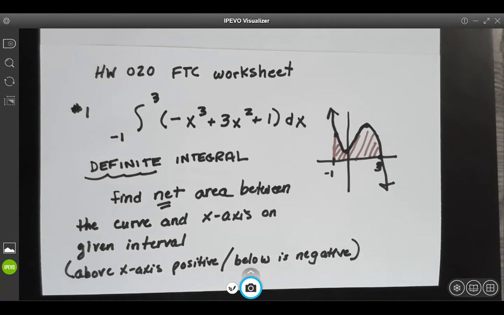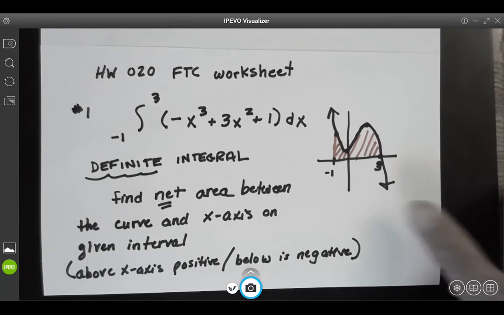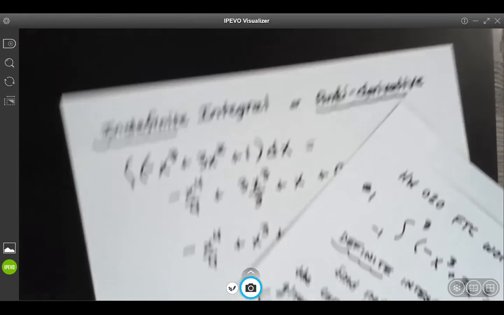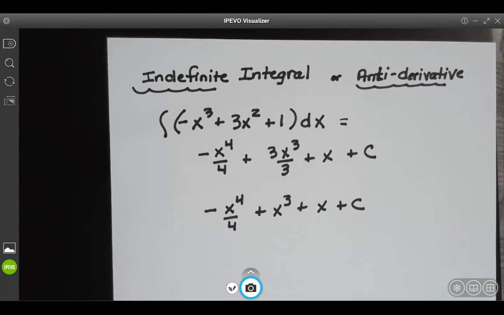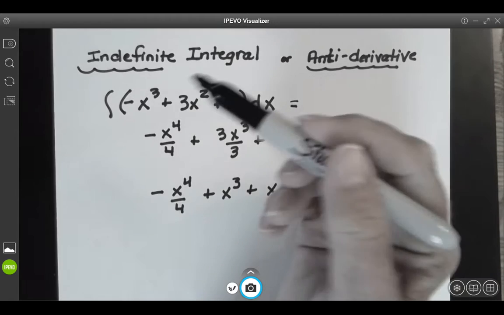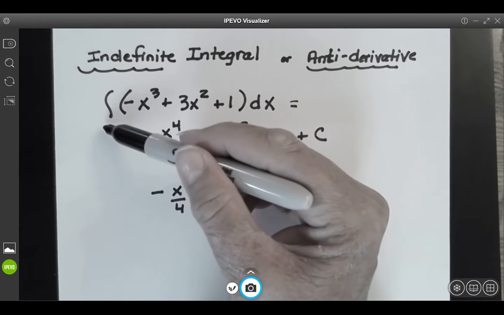And before we go on, I want to review the difference between a definite integral and an indefinite integral. This is what we did 2 weeks ago. This is problem number 1, written as an indefinite integral, or antiderivative. It's written the same way, except you don't have the numbers, you don't have the bounds.